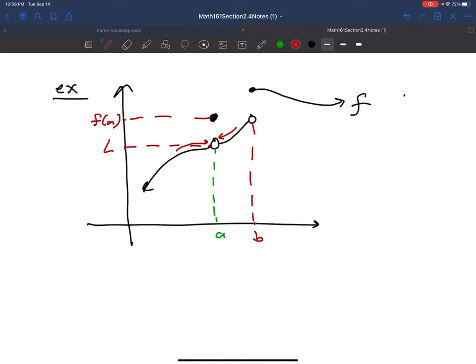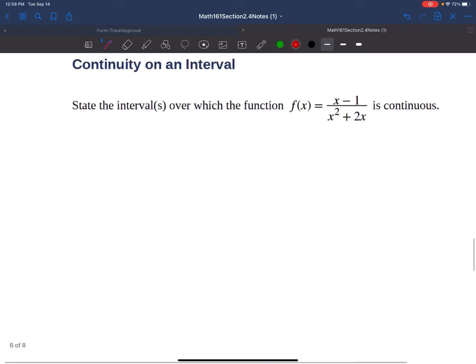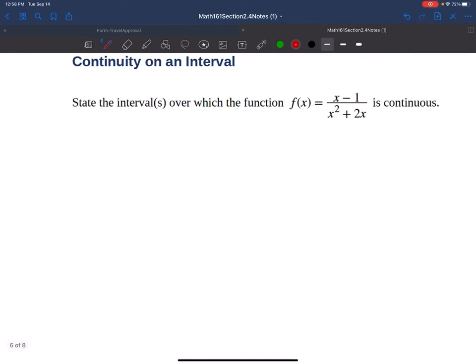All right, let's move on to the next idea. Continuity on an interval. So now that we've talked a little about continuity at a point, let's try to determine where a function may not be continuous on an entire interval. State the interval over which the function f of x equals x minus 1 over the quantity x squared plus 2x is continuous.